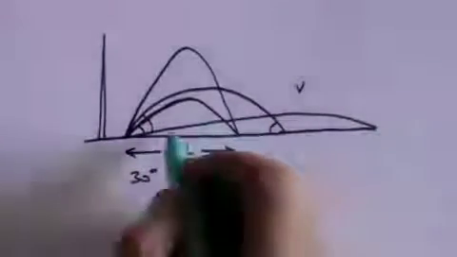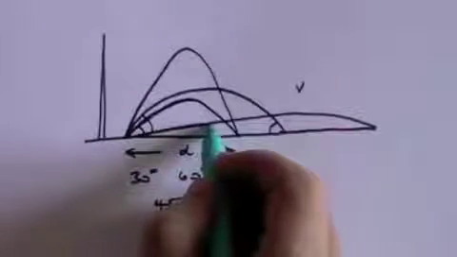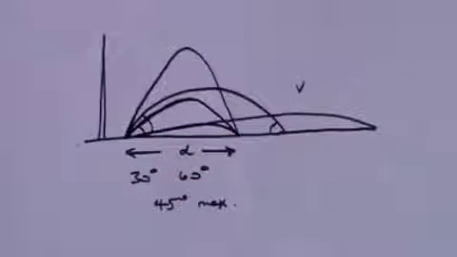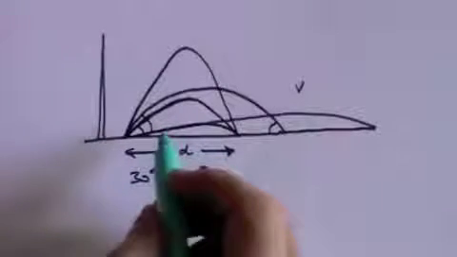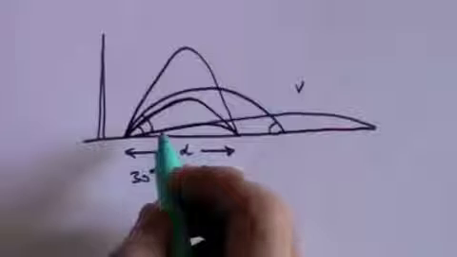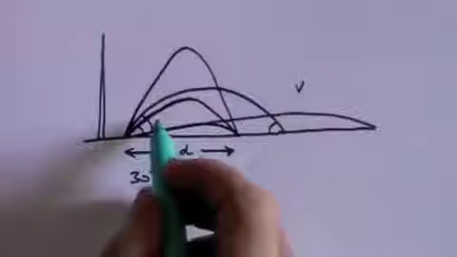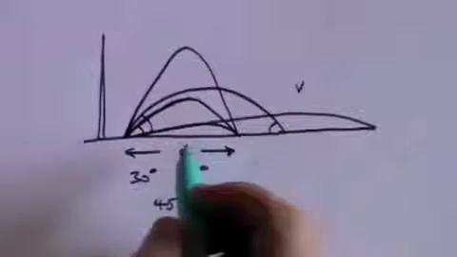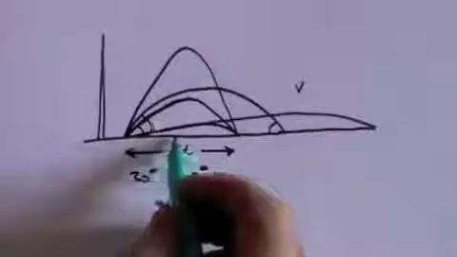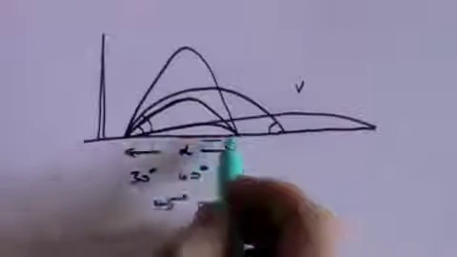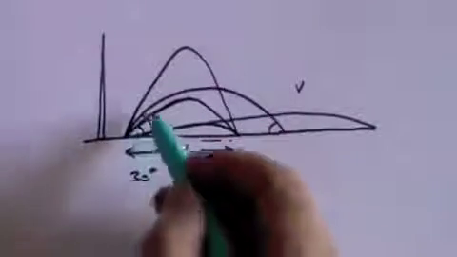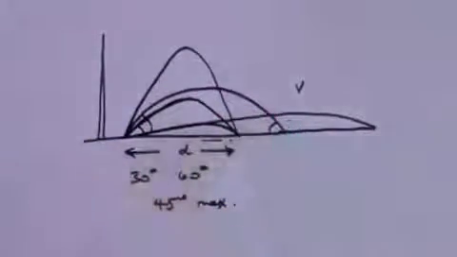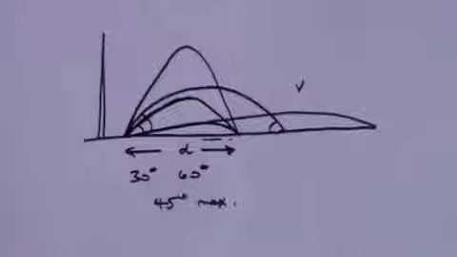But of course, in practice, gravity pulls you down much quicker because you haven't got so far to go. The vertical component is very small, and therefore it doesn't take very much time for the vertical component to go up and back down again, and that means that you are restricted on the amount of time you've got to cover this range in this direction. So you find that 45 degrees is the angle that gets you the maximum range for any given velocity.